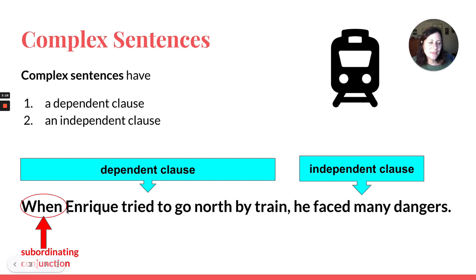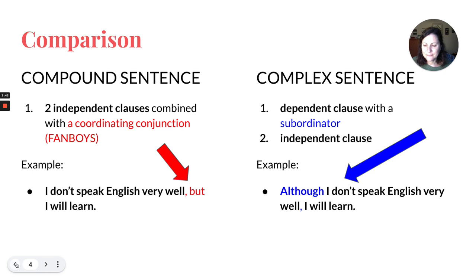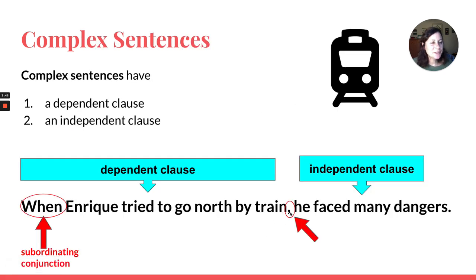So that's what this complex sentence looks like, with a dependent clause where the thought's not finished, and then the independent clause that finishes the thought. And notice the comma. So we're learning another comma rule. After the dependent clause, we're putting a comma here.